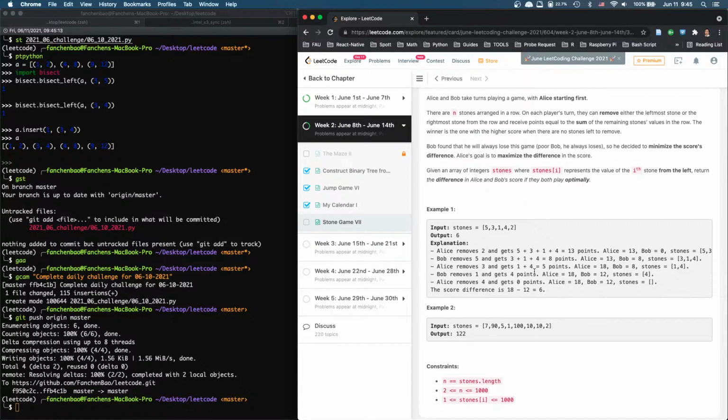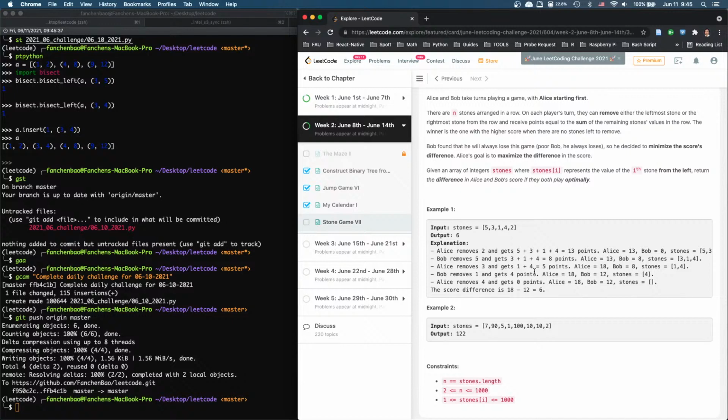It's trying to minimize. So Alice will go first, right? Or what if Bob wins? He's decided to minimize the score's difference. So he wants to maximize himself and minimize Alice, and Alice wants to do the reverse.